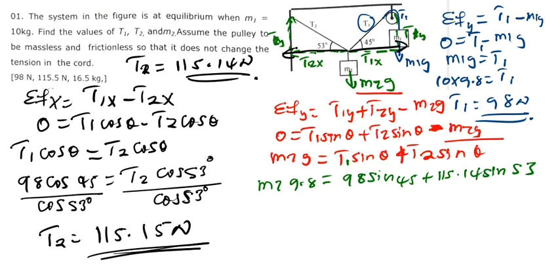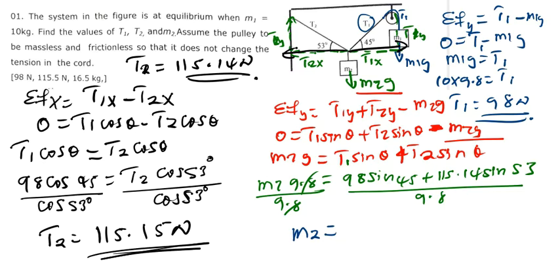I'll divide here by 9.8, and even here by 9.8. So these two will cancel out, and I'll remain with m2 being equal to, so I'm going to do it directly to avoid the decimal places, 98 sine 45 plus 115.14 sine 53.